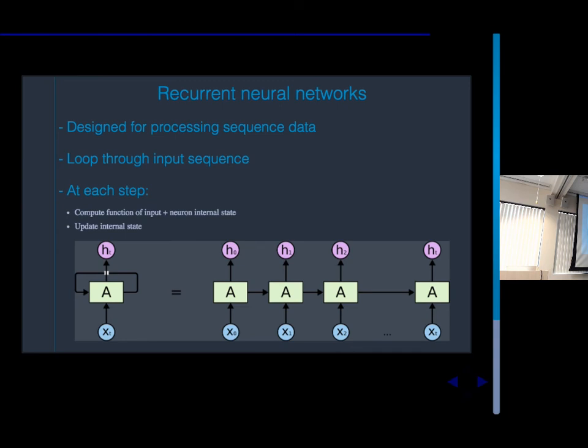And then output ht+1, which is some function of the input and the old state. And then the output is a function of the input and the new state. And this is parameterized by a different set of weights.